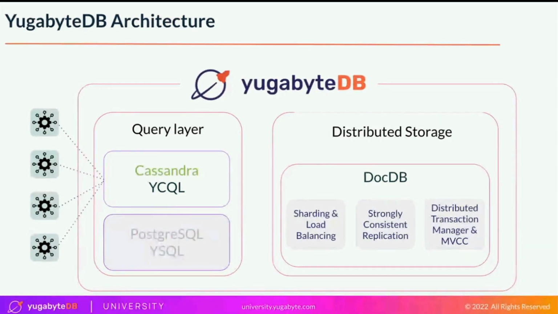The Cassandra compatible API, the YCQL language, has SQL-like queries and table structure for fast semi-relational row lookup. There's also the Postgres compatible API, which is also called YSQL, just for context. YugabyteDB uses DocDB as its distributed document store to handle the automatic sharding while maintaining strongly consistent replication. So it's very critical for ACID compliant distributed transactions. DocDB also implements multi-version concurrency control for internal data consistency. Next slide, please.